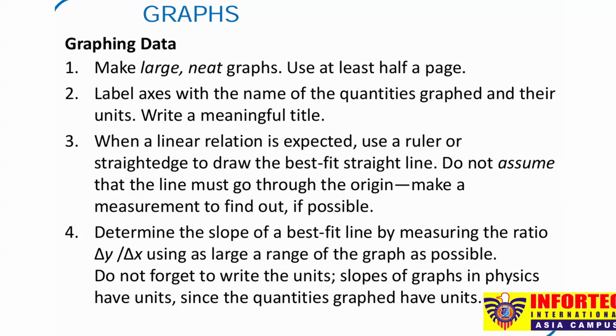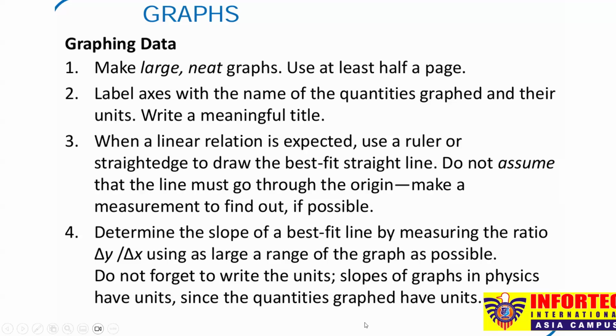When a linear relation is expected, use a ruler or straight edge to draw the best fit straight line. Do not assume that the line must go through the origin. Make a measurement to find out if possible. Then we take the answer from the graph.